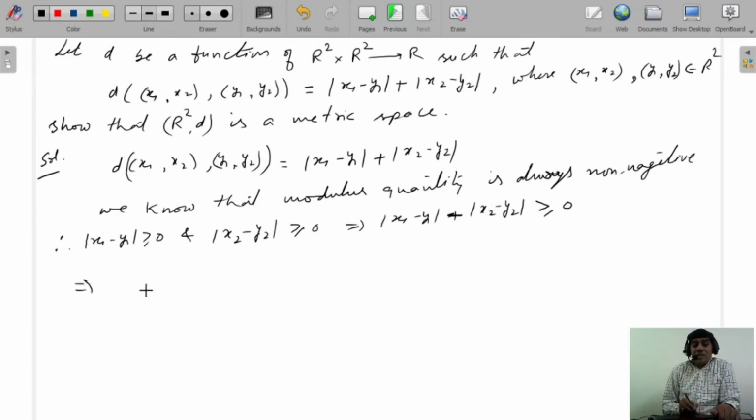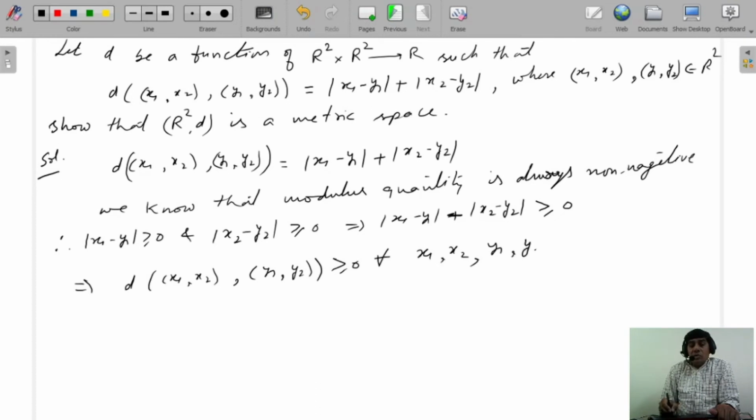This implies d((x1, x2), (y1, y2)) is greater than or equal to 0 for every (x1, x2), (y1, y2) belonging to R square. So first property is satisfied.